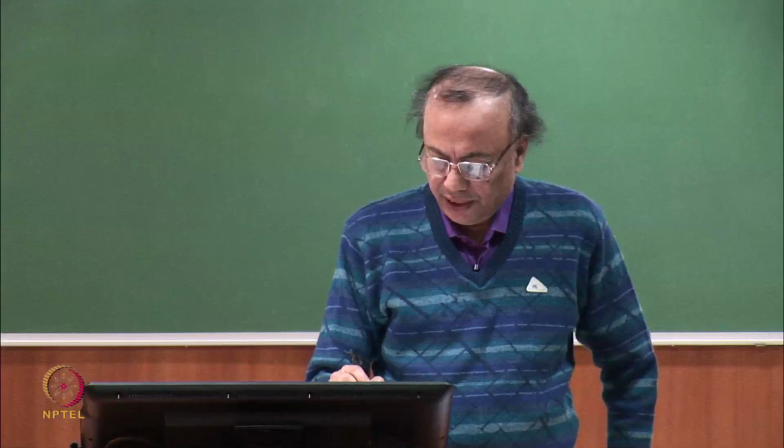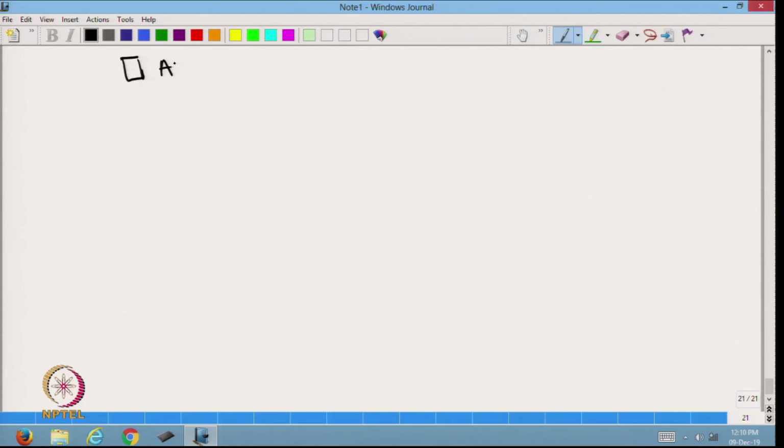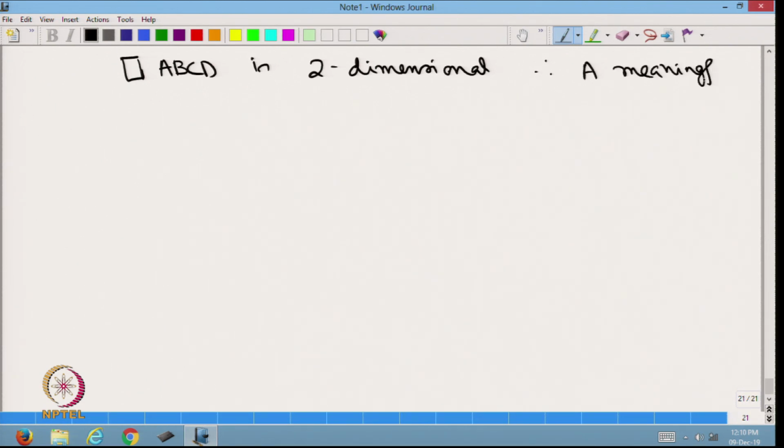Now, square ABCD is two dimensional. Therefore, a meaningful measure is its area.